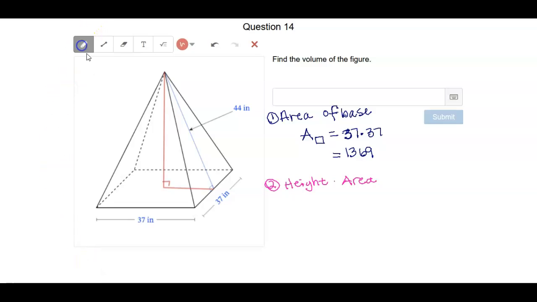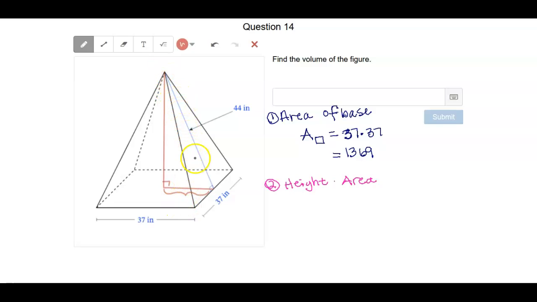So we know that the distance from one side to the other in this pyramid is 37 inches. And so to find this length right here, we're taking this 37 and cutting it in half. You can see these two red lines and this blue line make up this right triangle.